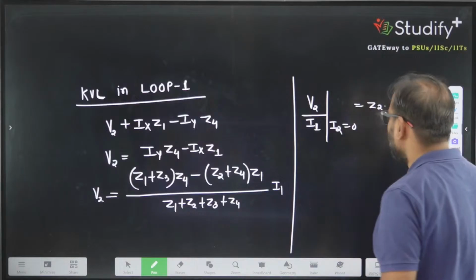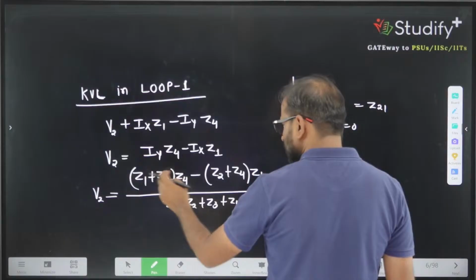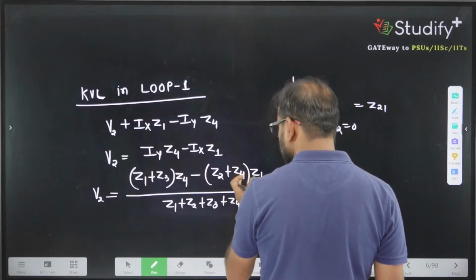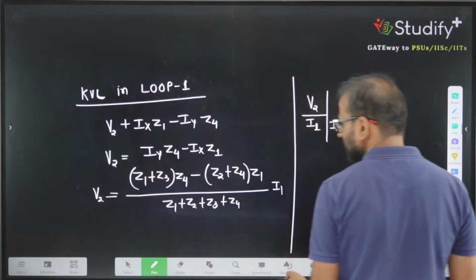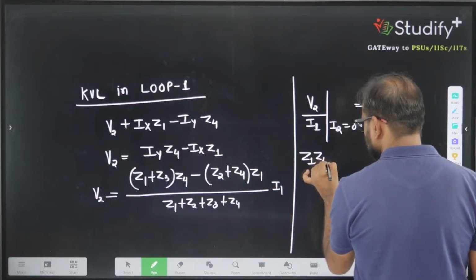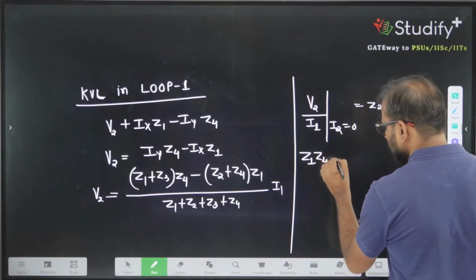And what will be the value of Z21? The value of Z21 is given by Z1 Z4, Z3 Z4, Z1 Z2 and Z1 Z4. One term is cancelled. Z1 Z4 from here, and from the second term we have Z3 plus Z4.